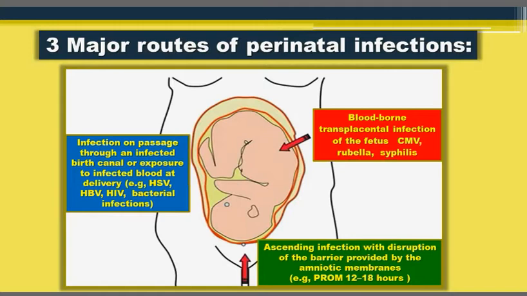Or the third route of acquiring the infection is by ascending infection with disruption of the barriers provided by the amniotic membrane. An example is premature rupture of membrane, especially if it is more than 18 hours before initiation of labor.